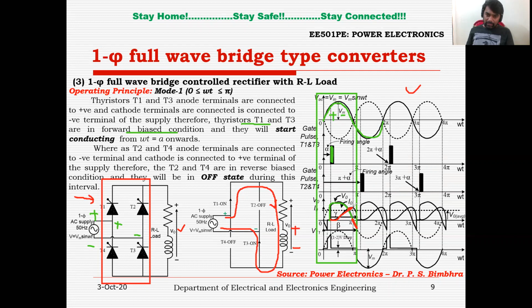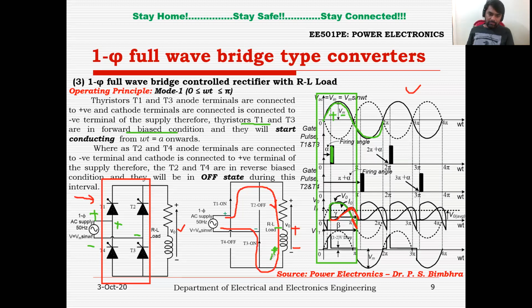And after omega t equal to pi, the inductor is discharging. So to discharge its energy to the source or to the load resistance, it has to reverse its polarity. So top will be negative, and the bottom polarity of the inductor will be positive. And now for this circuit, the source is the inductor, because it has to discharge this energy.